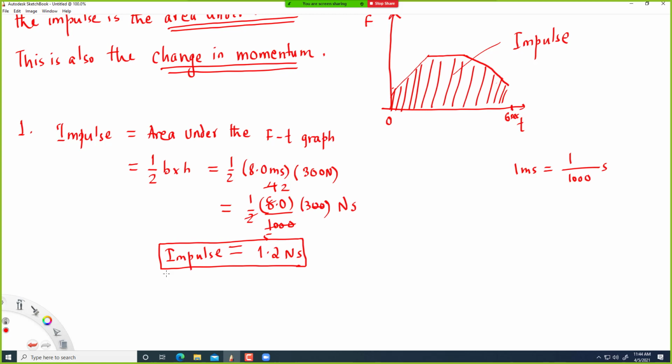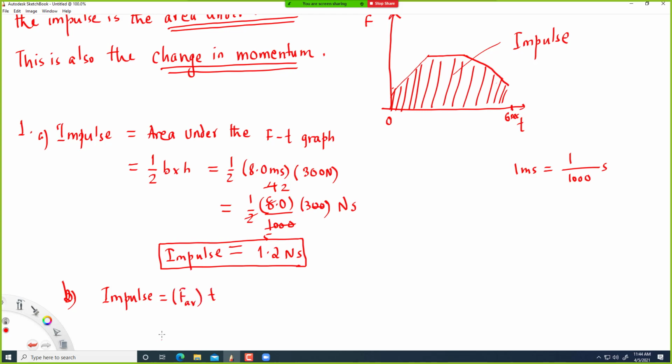And what is the average force on the ball during the 8 millisecond time? Average force is just the highest force here in this case. So usually when you don't know the exact force, you can write this as impulse is equal to average force, F average times time.